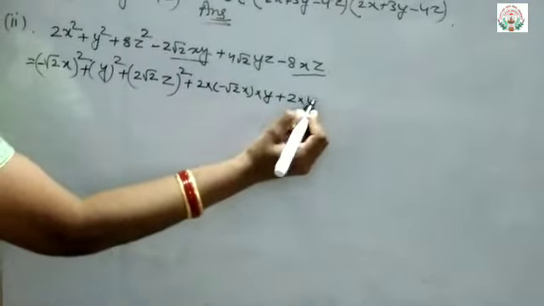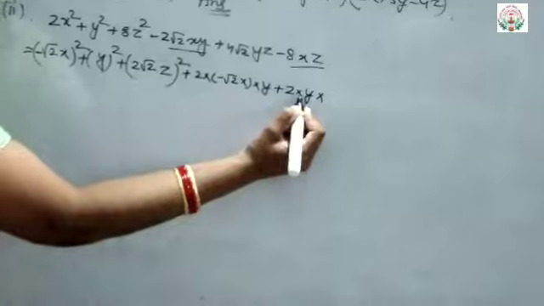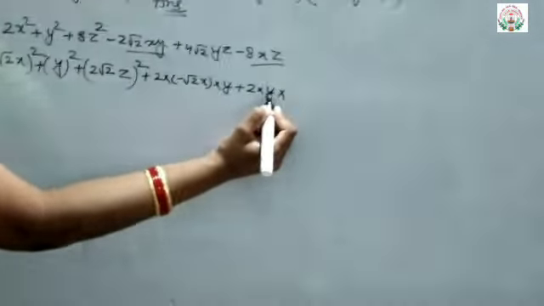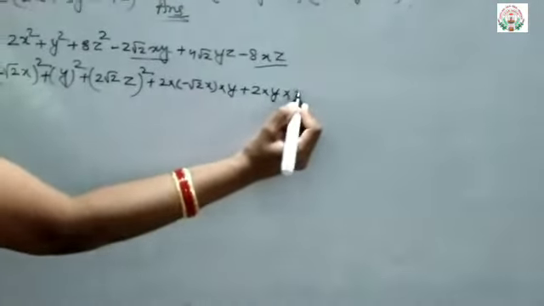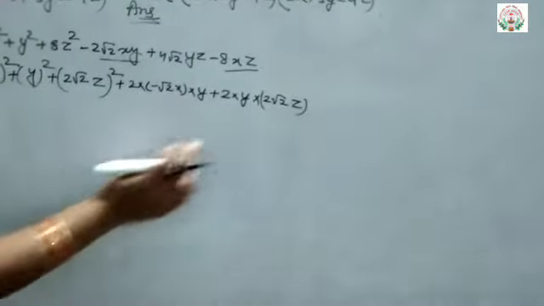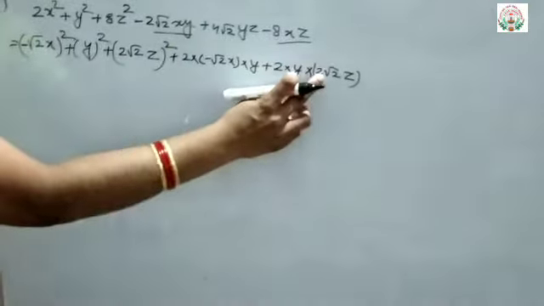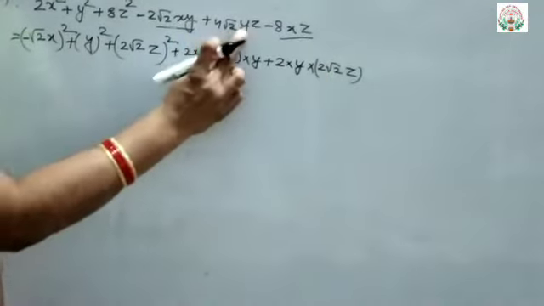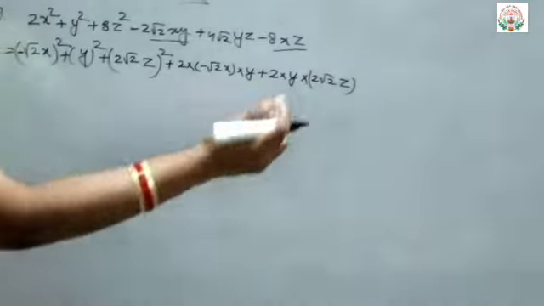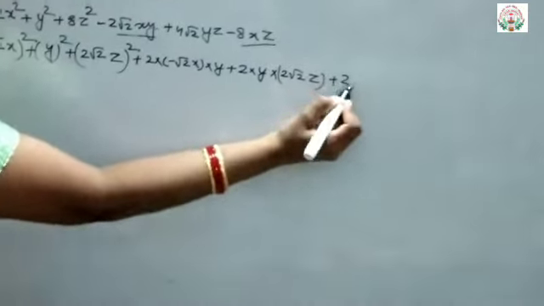Y. And then z because 2bc. So b is y and c is what? 2 root 2 z. Clear? Now on multiplication, check whether we are getting the same or not. 2 2s are 4. So 4 root 2 yz plus sign. Clear?